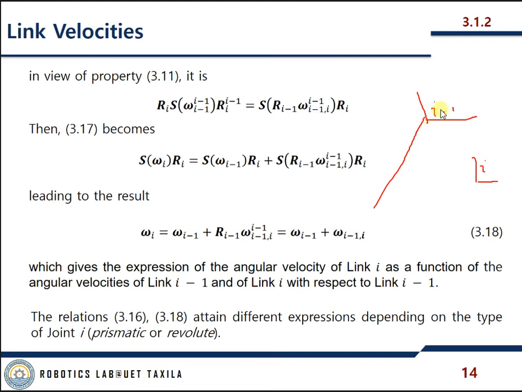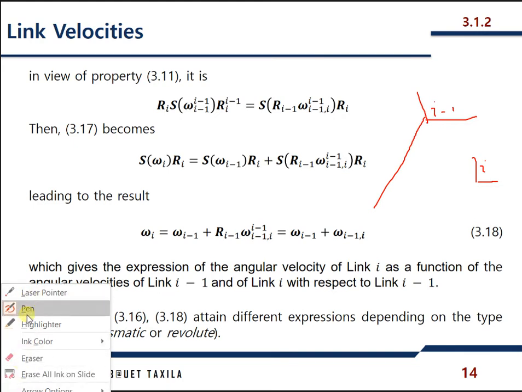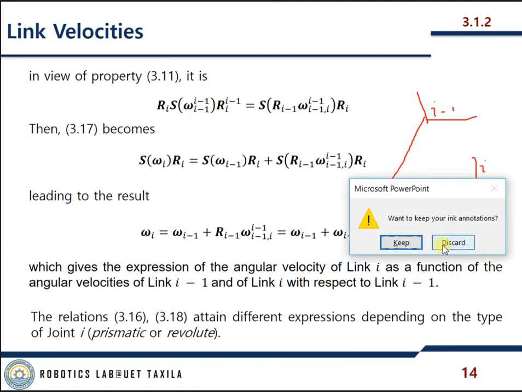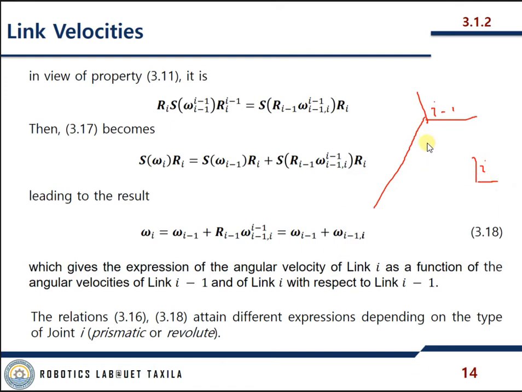Again, the angular velocity of frame I is equal to the angular velocity of frame I minus 1, plus the angular velocity of this point, whatever we are representing in this frame, expressed in this frame. So it's going to be quite complicated.